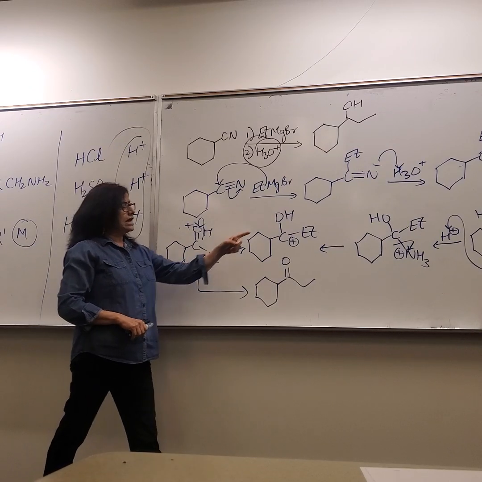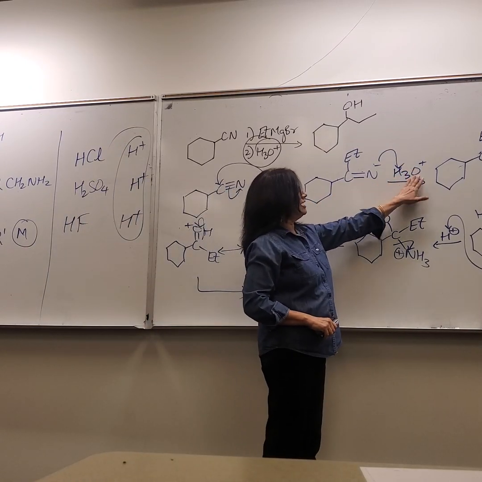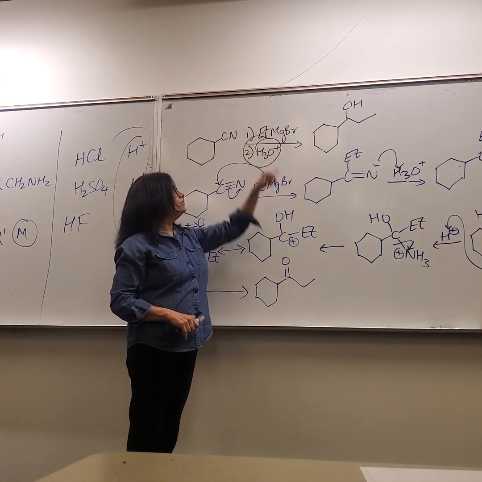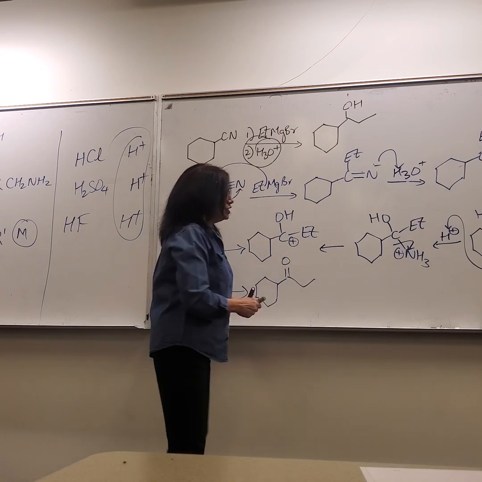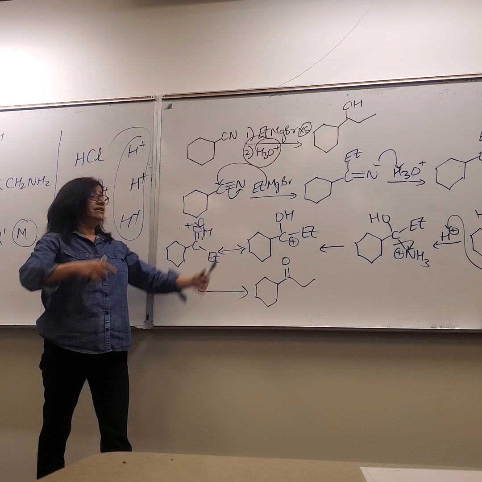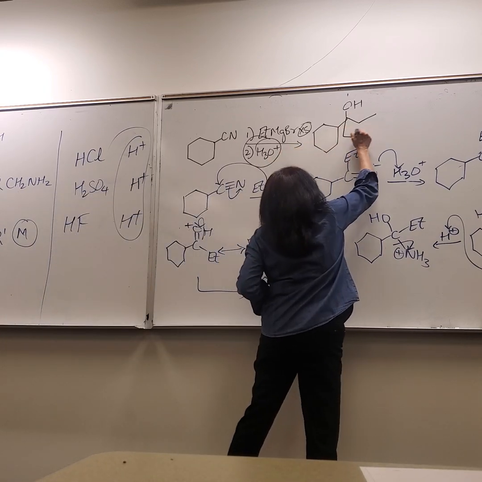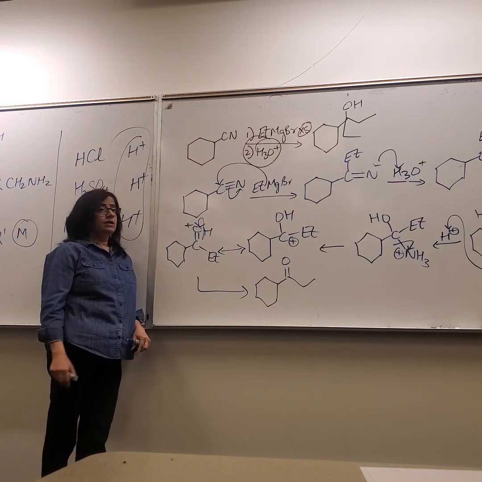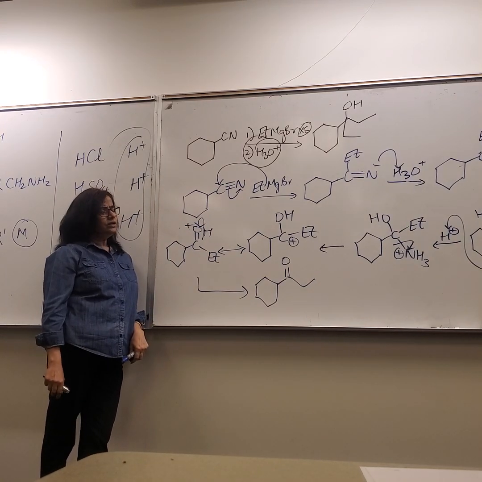Why? Because as soon as you added this, what happened to the Grignard? It got protonated. So does it matter if I took excess Grignard? Maybe then I can get this as the product, right? Is that possible? No. Why not?